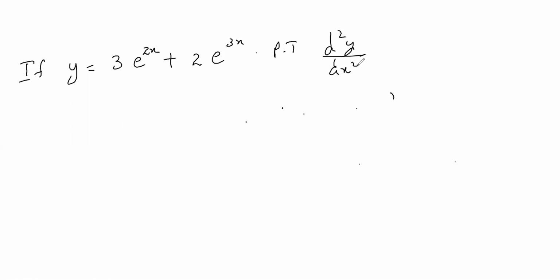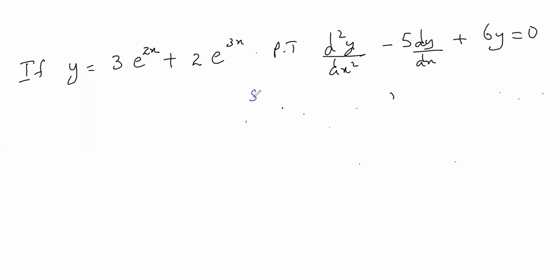If y is equal to 3 e power 2x plus 2 e power 3x, prove that d square y by dx square minus 5 dy by dx plus 6y is equal to 0.